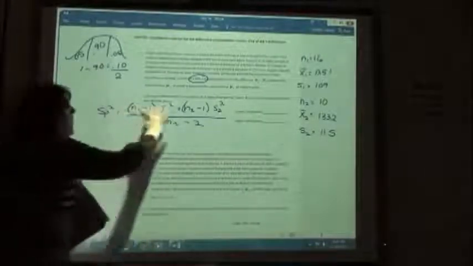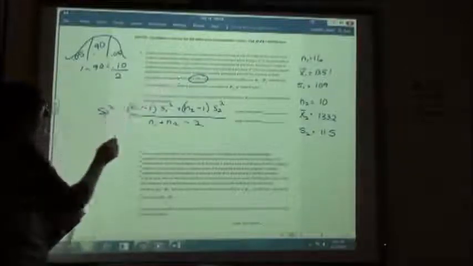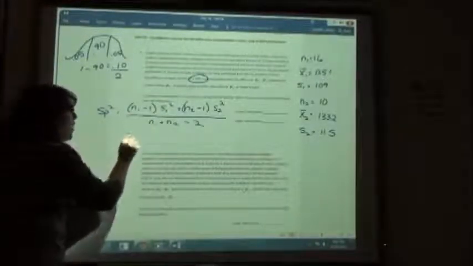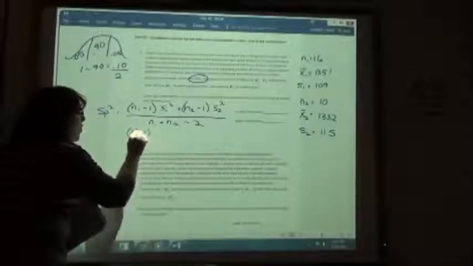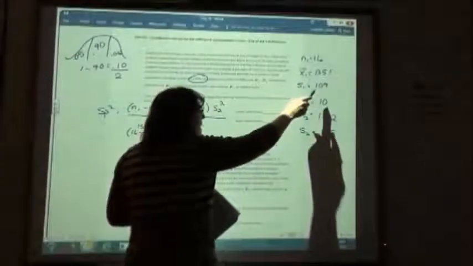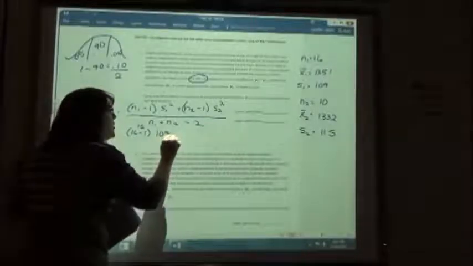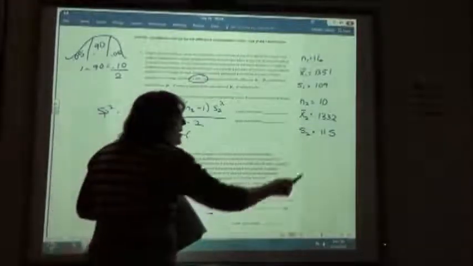So, in the first part of my formula here, N1 is 16, so I'm going to do 16 minus 1, or just 15 if it's easier to type it in that way, times my standard deviation squared. So I'm going to have 109 squared plus N2 minus 1.